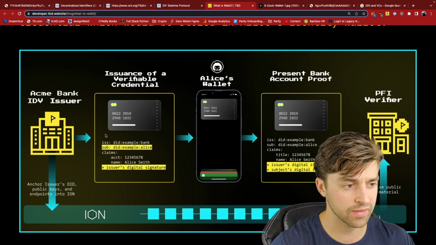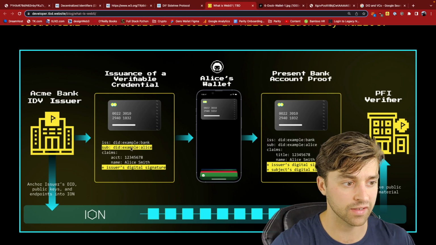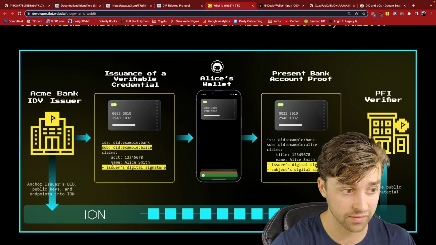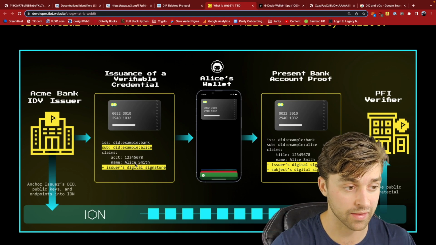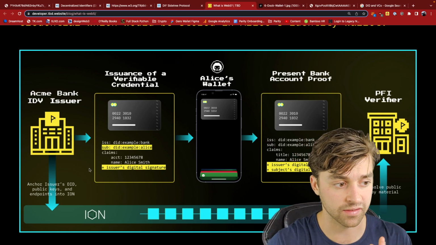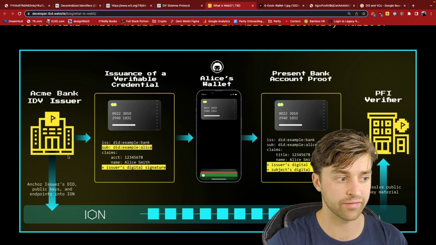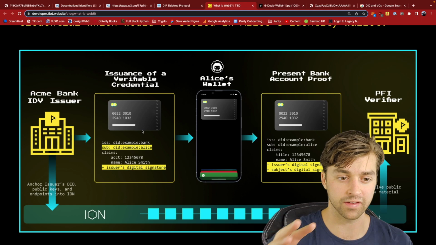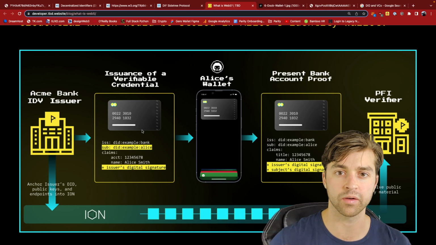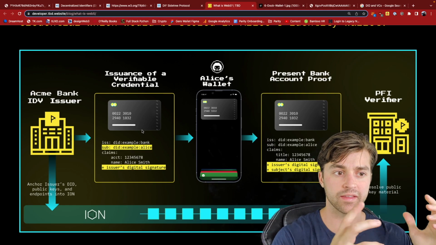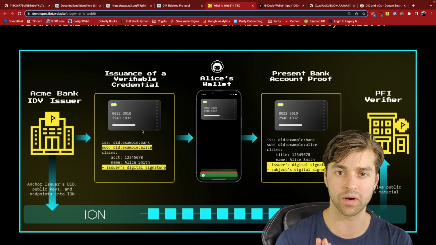And within this VC, you have the bank's DID, you have the subject's DID, which is me, you have the claims, which is like the account number and then the name on the account, and then the issuer actually signs this VC. They have a private key and they sign this document. And this is cryptography, so we're not going to go into the details, but just understand that this is a data packet that then gets sent to my digital wallet.